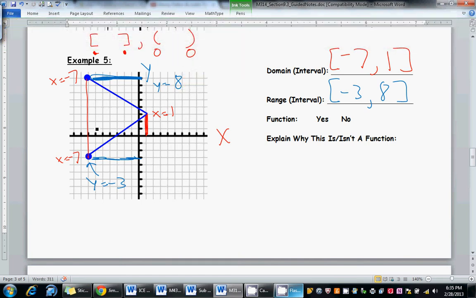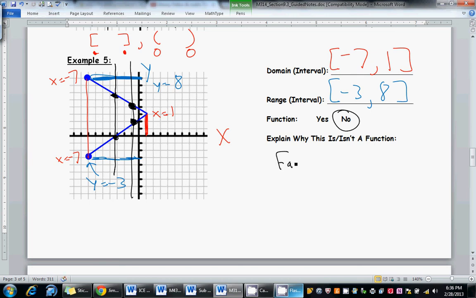So function, yes or no? Let me go ahead and draw in a vertical line right there in black. One intersection point, two intersection points. Let me draw another vertical line just for good measure. One intersection point, and there's another. No, this is not a function.